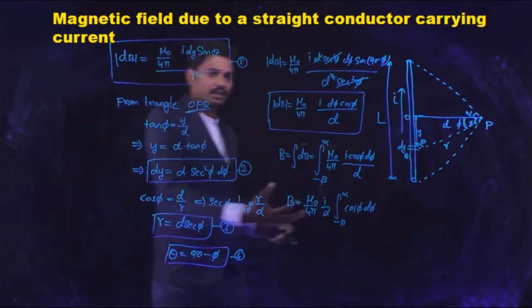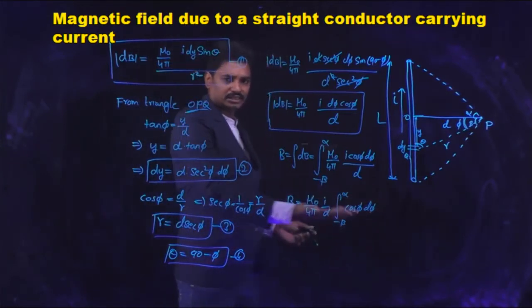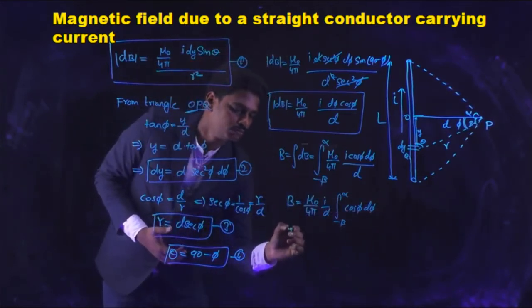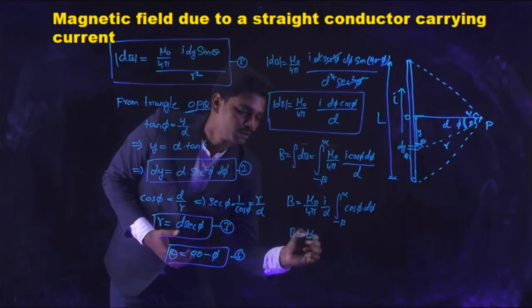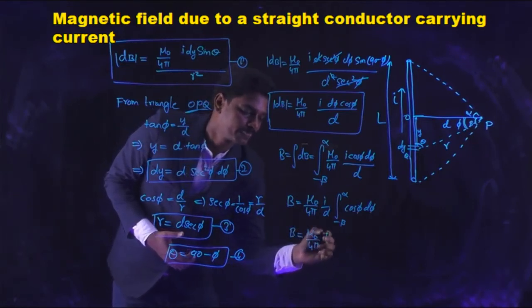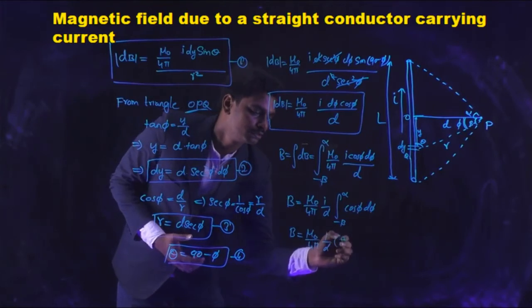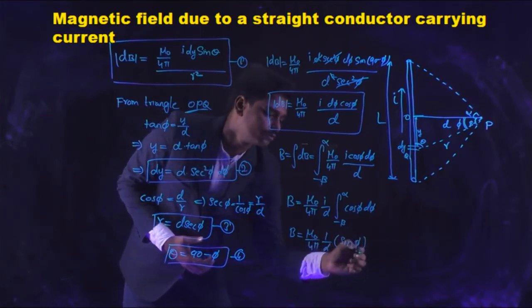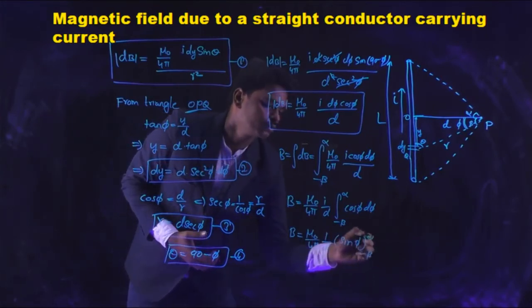What is the integral of cos phi? It is sin phi. So B is equal to mu naught by 4 pi I by d sin phi within the limits minus beta to alpha.